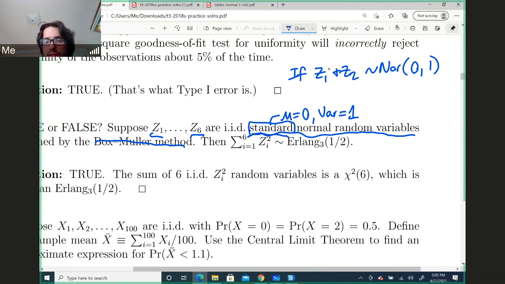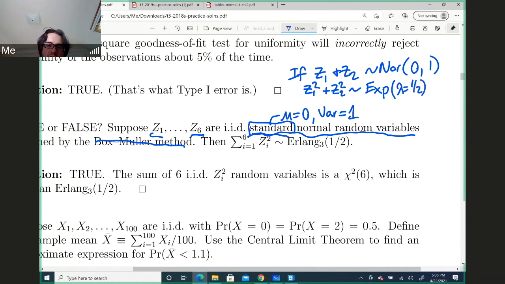If you have 2 standard normal random variables, then one of the relationships is that Z1 squared plus Z2 squared is distributed as an exponential random variable with lambda equal to 1/2.